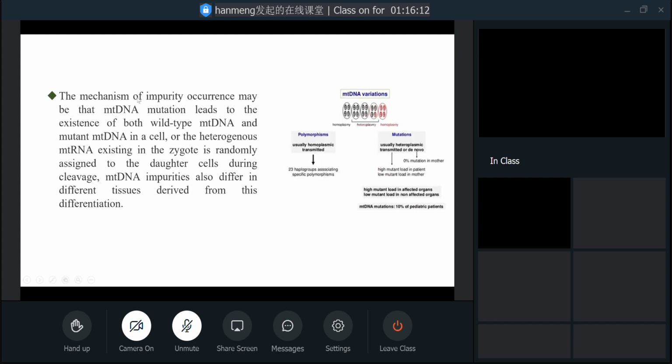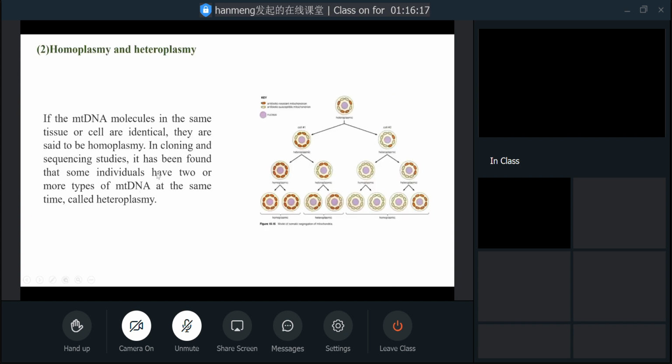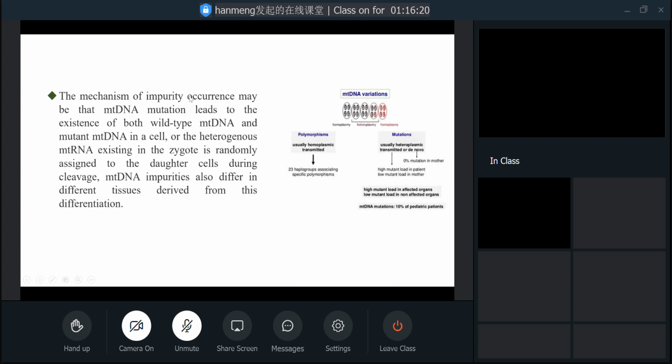The heteroplasmy is also named as the impurity. The mechanism of the impurity occurrence may be that the mitochondrial DNA mutation leads to the existence of both wild type mitochondrial DNA and mutant mitochondrial DNA in a cell, or the heteroplasmic mitochondrial DNA existing in the zygote is randomly assigned to the daughter cells during cleavage.